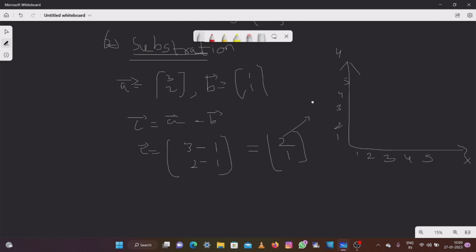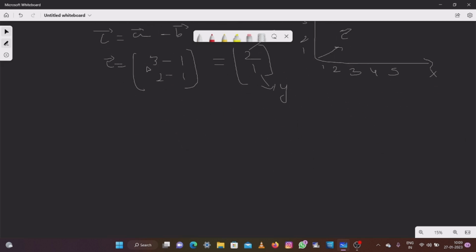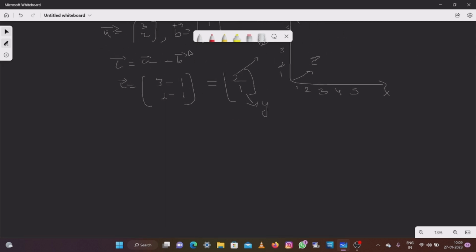So on the x-axis I am taking 2 and on the y-axis 1, and that is the point where the vector c, the subtraction result, occurs. And this is the second operation. Let's move into the third operation, which is vector scalar multiplication.